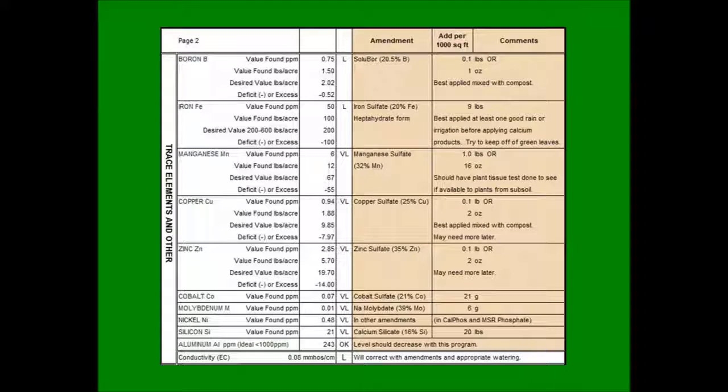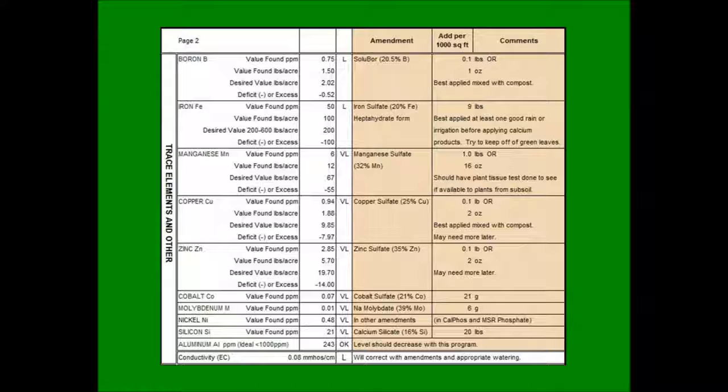Now let's go on to the next one. Okay, so here is the top of page 2, and this is our trace elements. On this particular test, the trace elements were low or very low on almost all of these. So we're going to be adding various amounts, again, per 1,000 square feet for the various amendments.